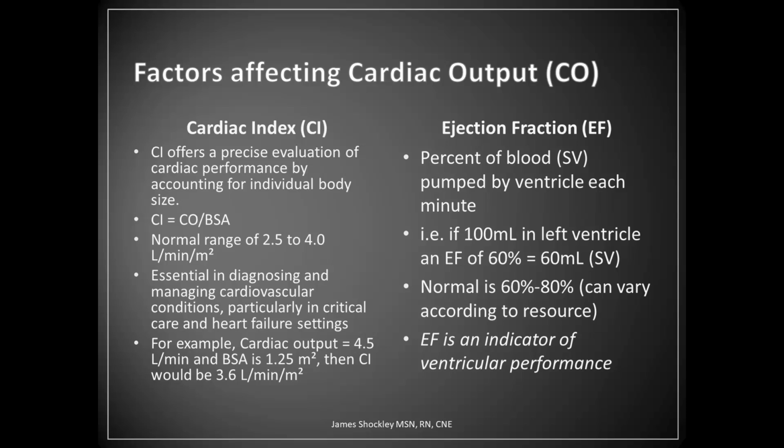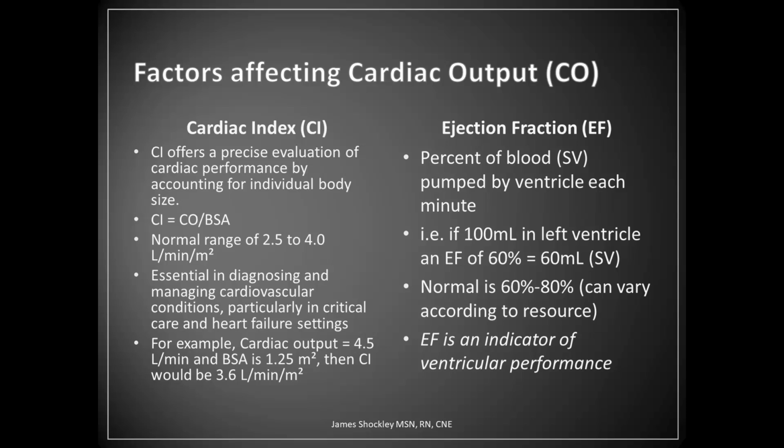Because we said 4 to 8 liters is a normal cardiac output. That's a huge range, right? And it really depends on the person too. I don't necessarily think that my client who comes in 85 pounds soaking wet, adult client, is necessarily going to have a cardiac output of 4 to 8 liters per minute. So this gives us a better diagnostic tool.